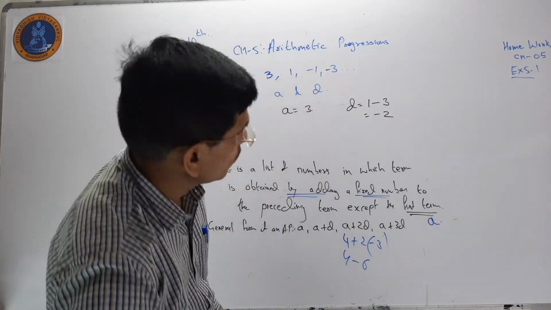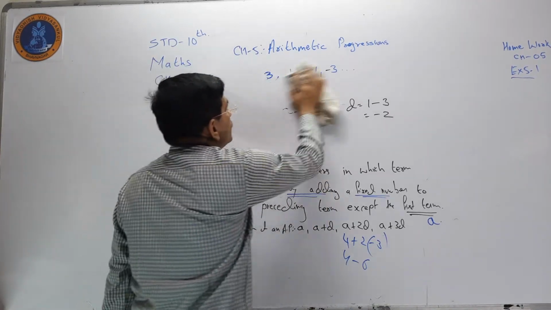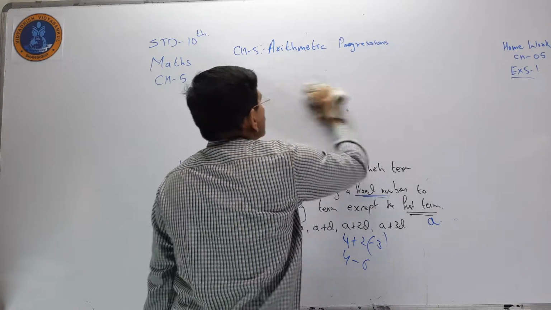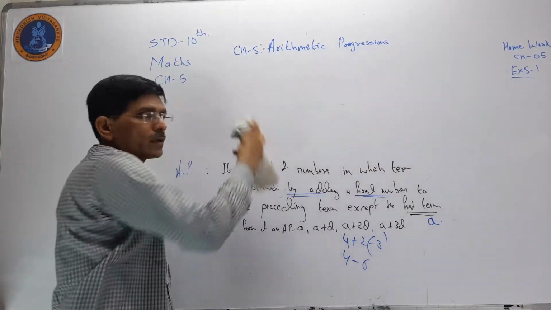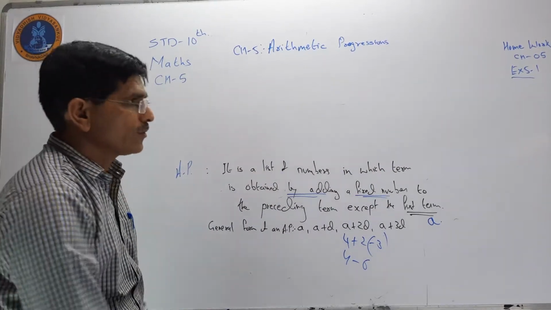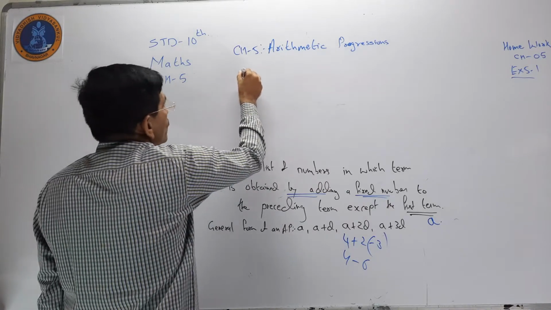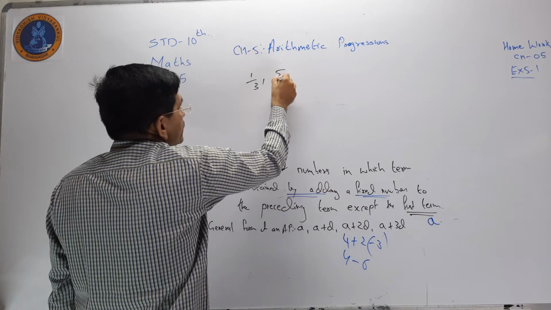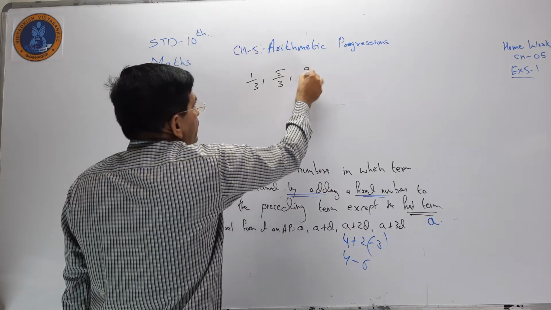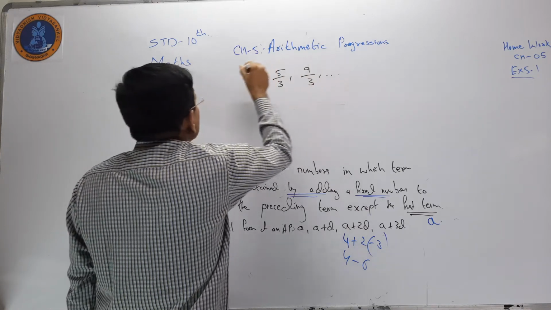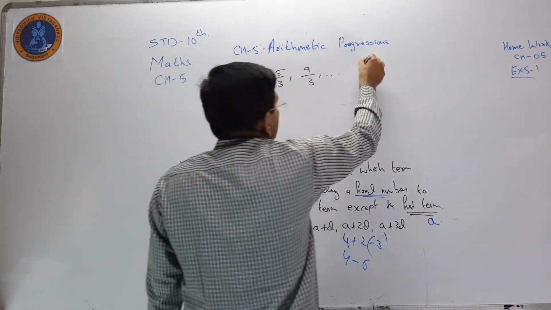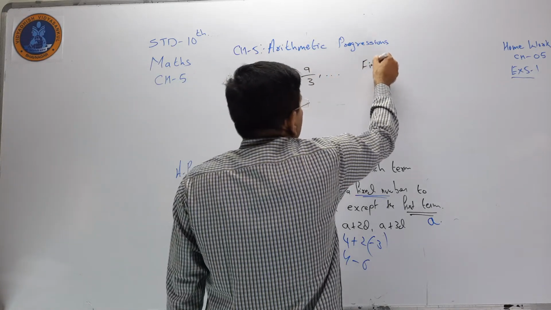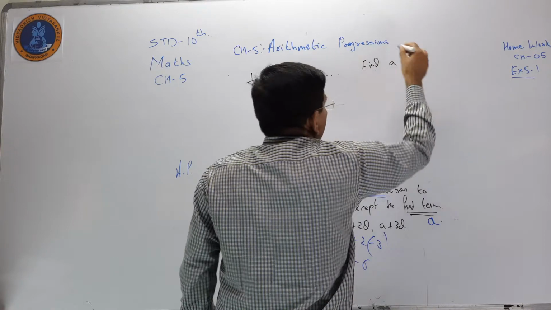Now one more sum I am writing here. You have to find out: 1 by 3, 5 by 3, 9 by 3, and so on.